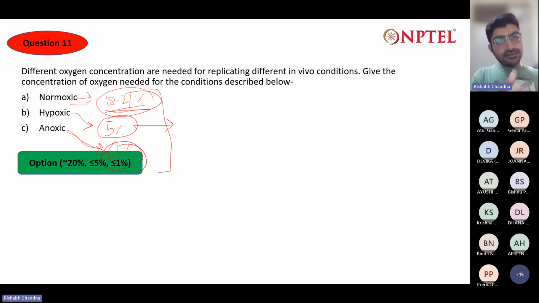And the third one is the anoxic condition, where there is nearly no oxygen. That's why it's named anoxic. When we have to study certain things in development, or the role of oxygen in development, we can use anoxic conditions, and that's less than 1% in our cell culture system. Okay.